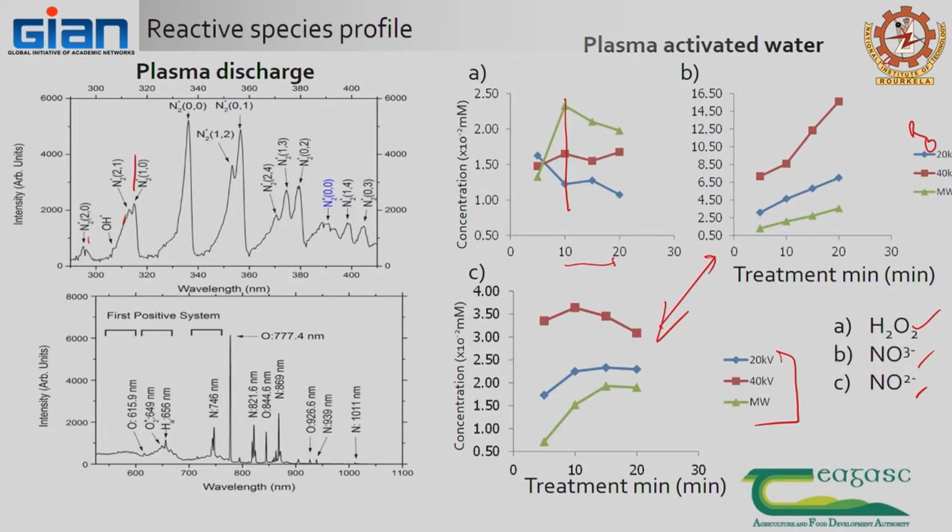Whatever available method, even with 10 minutes of treatment time you can create plasma activated water. This is just a simple analytical method. I can bet you, the moment you go into quantification of plasma species in the literature, you will come out exhausted. You will not get a clear answer.